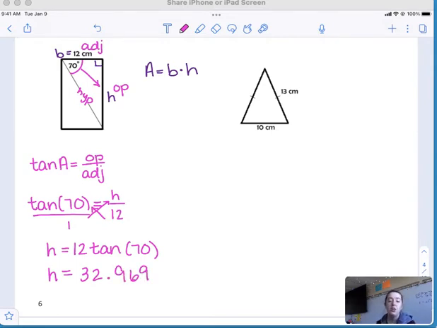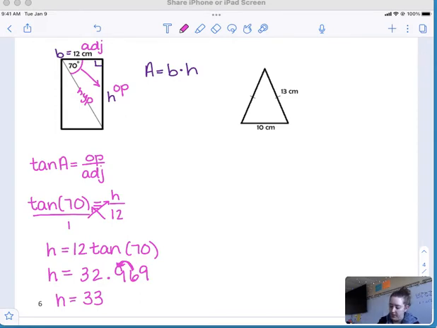32.969. So if I wanted to round to the nearest tenth, I would have to round up that 9 to the next guy, right? So we're going to round him to 33. You always want to round to the nearest tenth. That's 1 decimal place. When I wanted to round this to 1 decimal place, I had to round that 9 up, so it becomes 33.